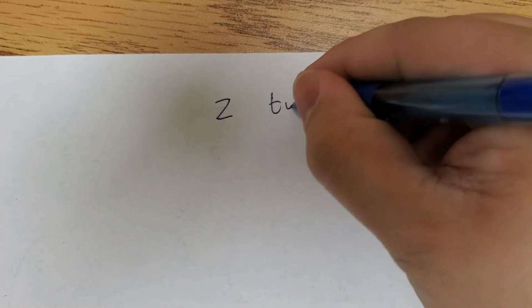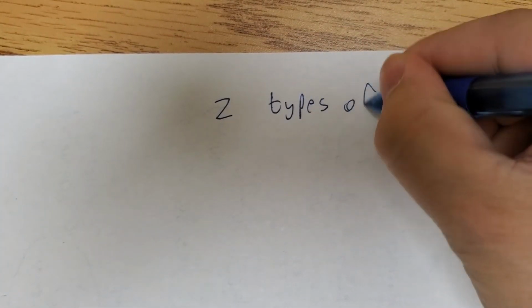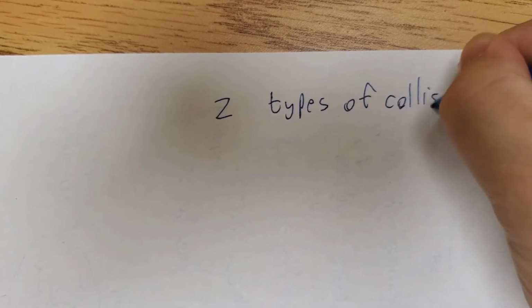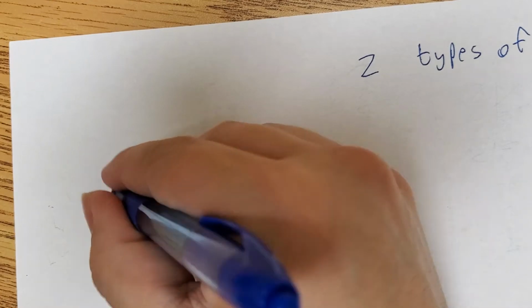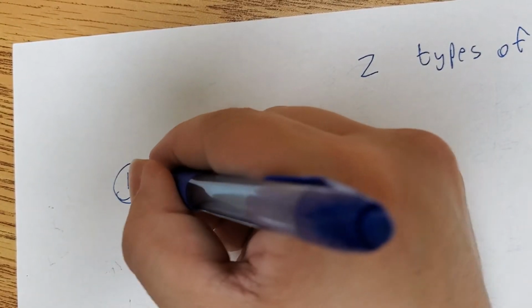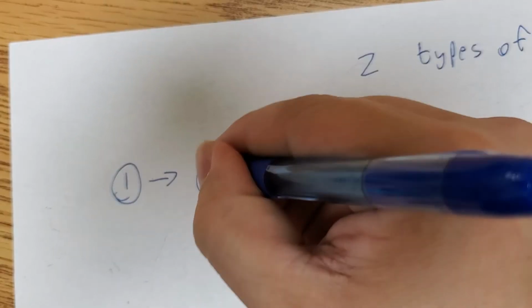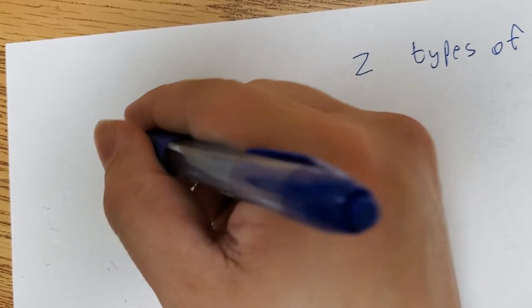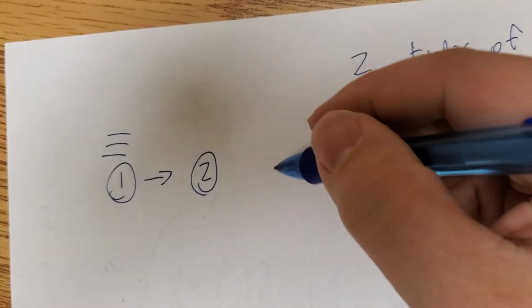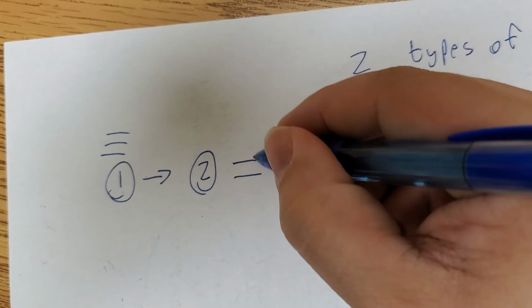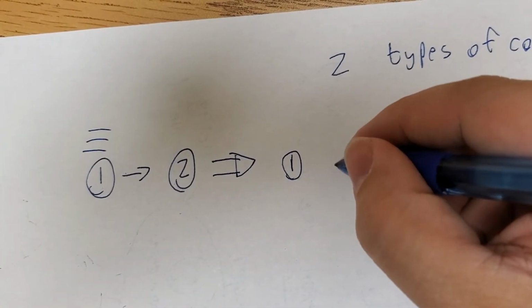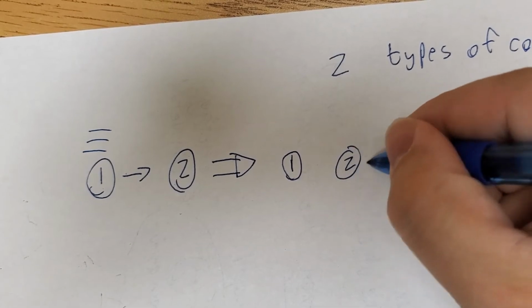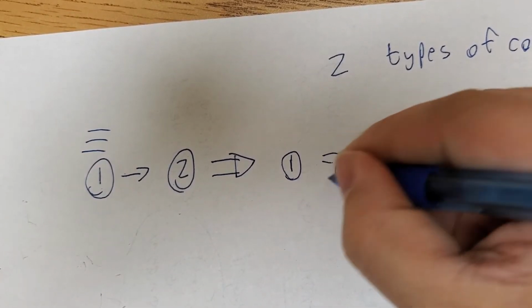So there are two types of collisions. Okay, and what I'm going to do is I'm just going to draw. Here's one, and it's going to be moving into two. There's my little speed lines. And then what happens is, now this one's not moving, but this one's moving.